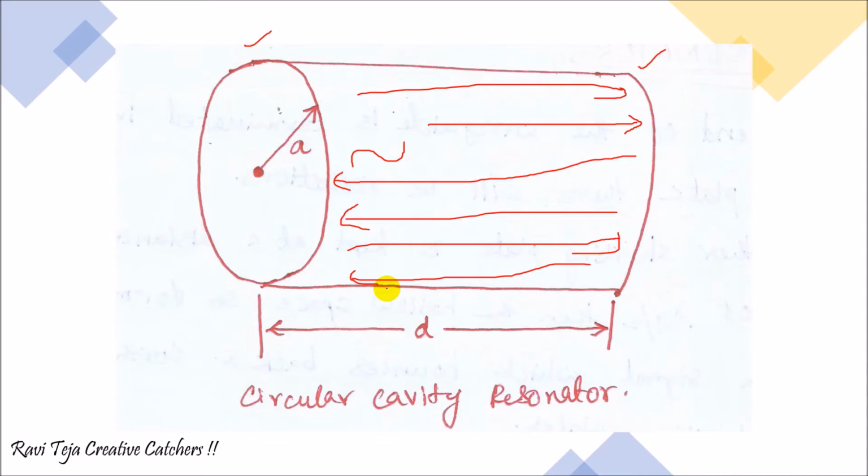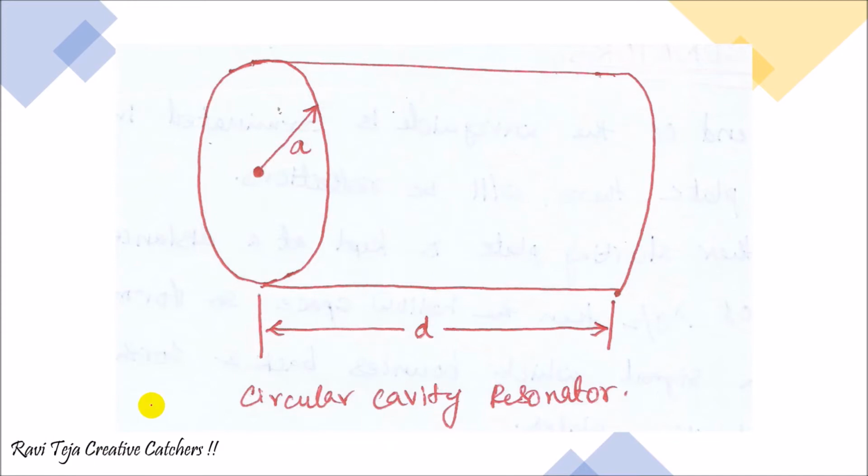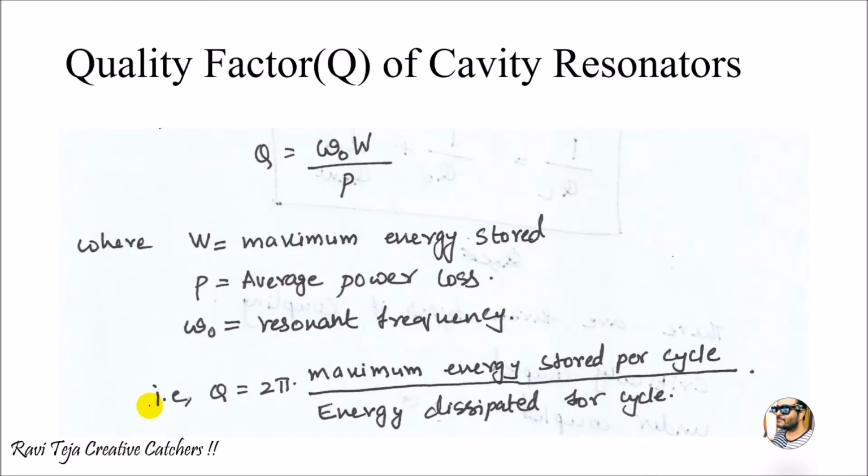So a signal which is captured in a cavity kind of space, due to the resonance of that particular signal, is generating some frequency. That is the main concept of a cavity resonator. Now, for the whole operation of a cavity resonator, we need to keep in mind three parameters: how much maximum energy it is storing, the average power loss, that is how much power is lost, and how much frequency is generated after the resonance.